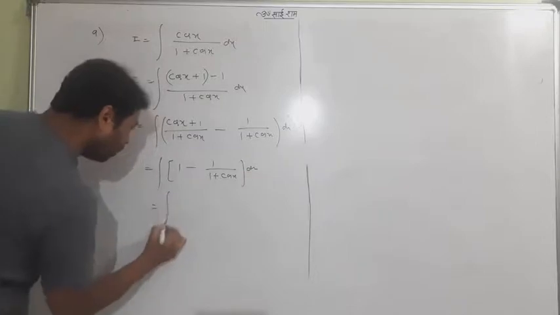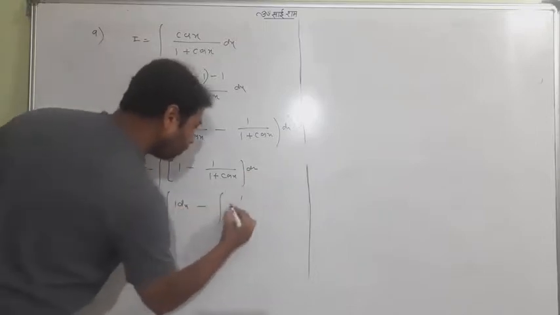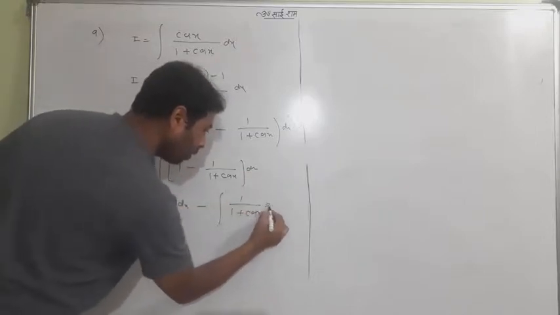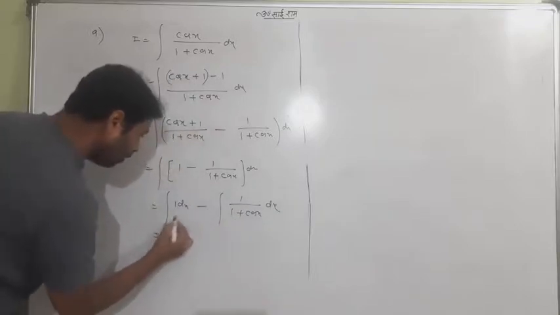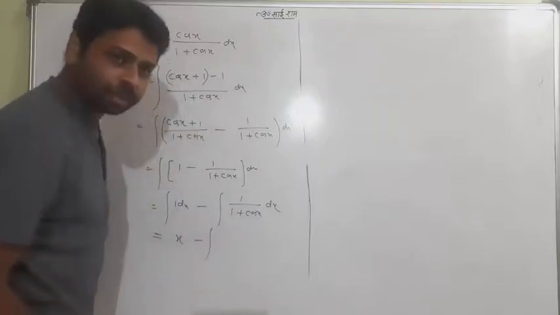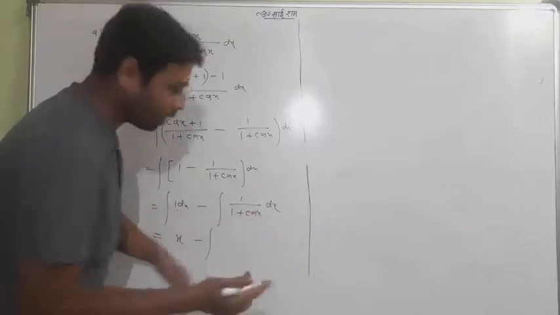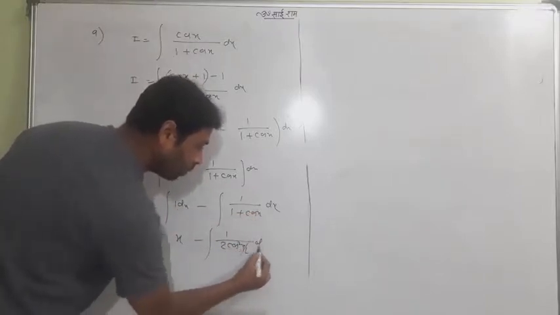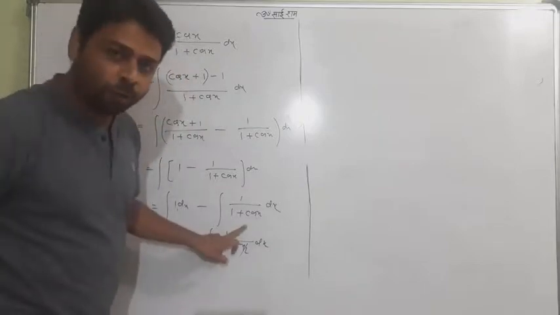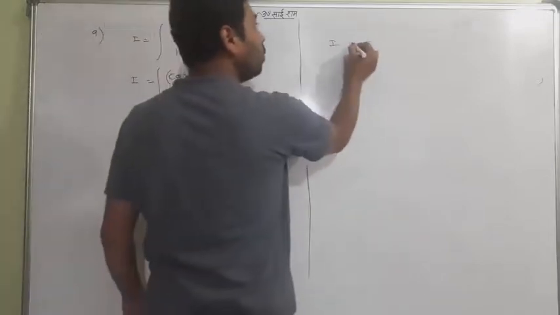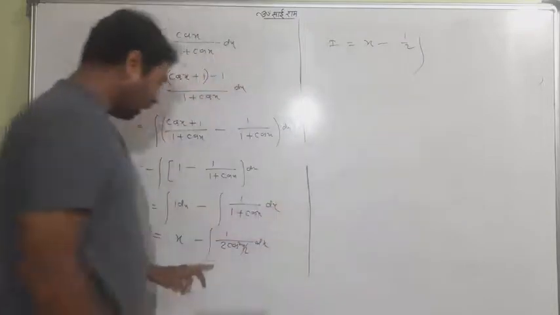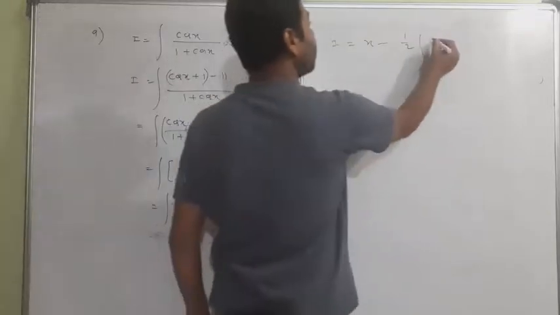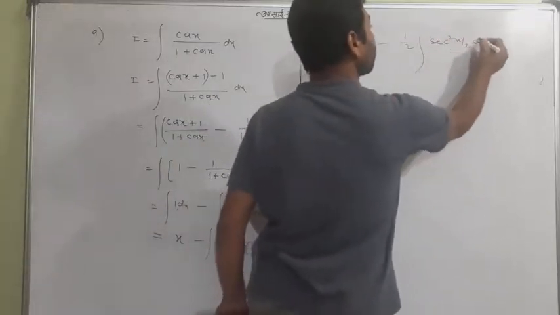You turn it into two different functions, and one has the integration x, and 1 plus cos x is the famous one, it is 2 cos square x by 2. 1 plus cos x is a famous formula. Now what to do? It's x, and the half will come out. 1 by cos square can be written as sec square.